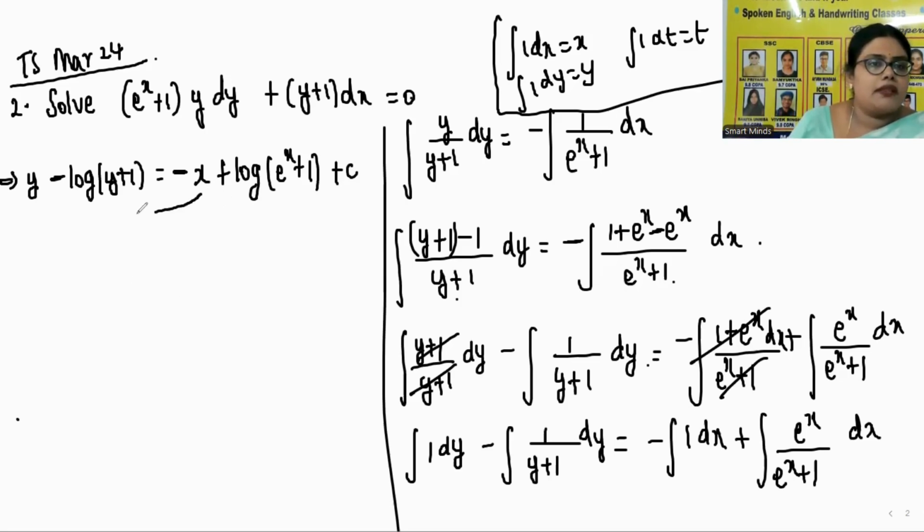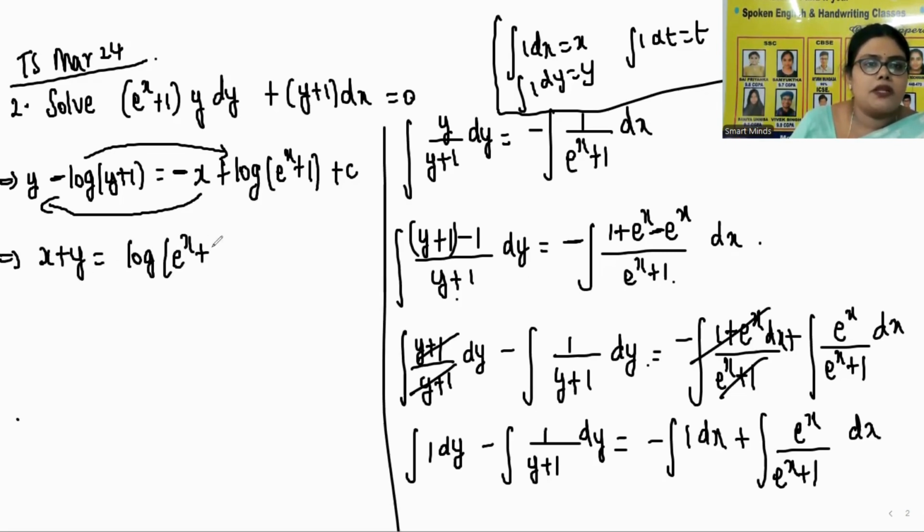So I'm taking this x to the left hand side and this log term to the right hand side. So you will get x plus y is equal to log e power x plus 1 plus log y plus 1 plus c.